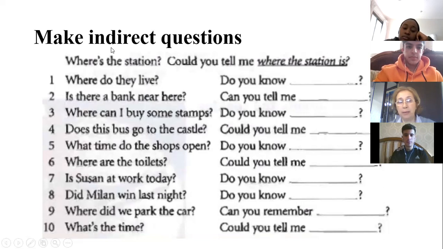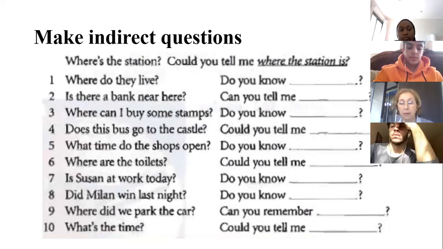We move is to the place after the station, where the station is. Okay, now please, just a couple of minutes for you to do it individually. Please write the indirect questions on paper, each of you, and then later we'll check how you've done this.